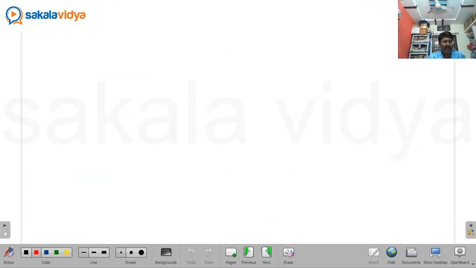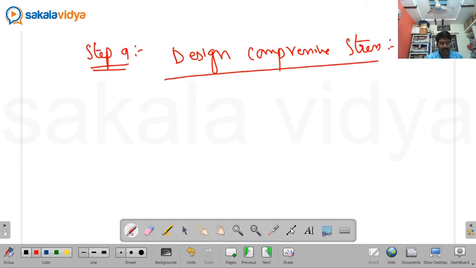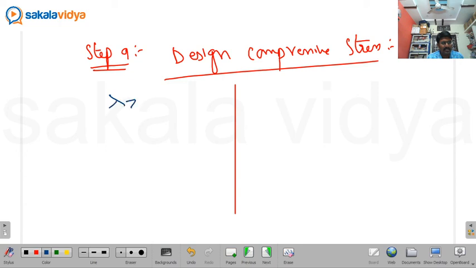So step number 9, design compressive stress. In step number 9, we are going to get two compressive stresses: one due to slenderness ratio in ZZ direction and one due to slenderness ratio in YY direction.